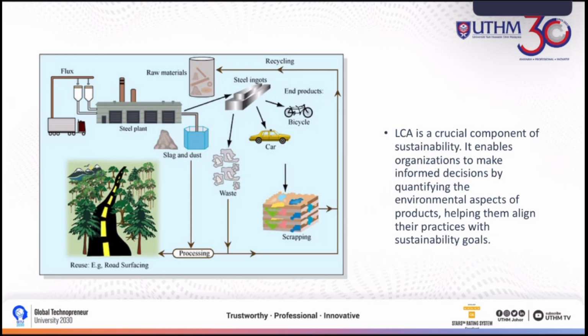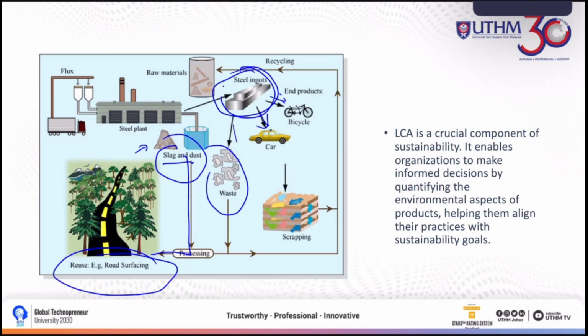They are producing steel ingots here. The steel ingot is for the end product, such as bicycles and cars. They have waste like slag and dust. And then what is the process for using this waste? It can be used for road surfacing, and some of it can also be recycled.